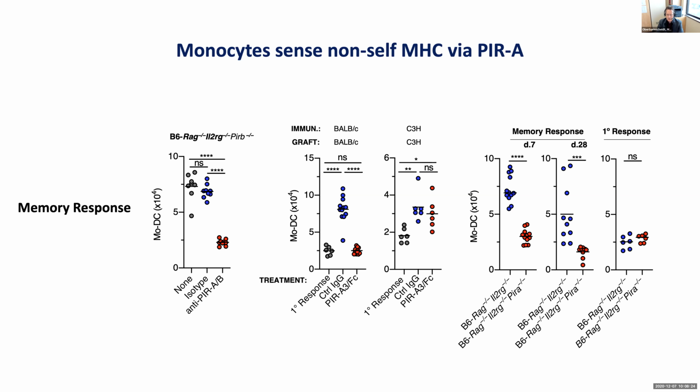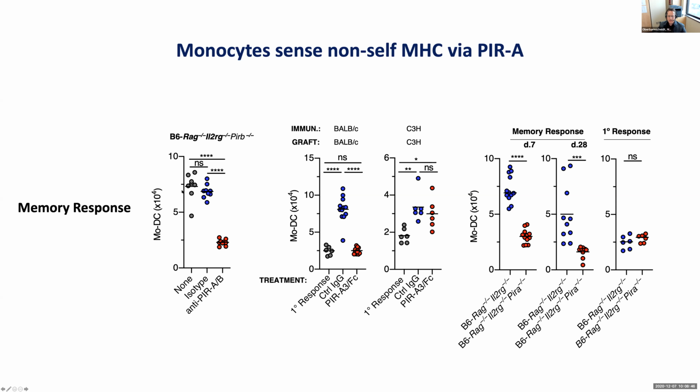And there are no specific PIR-A antibodies that would recognize just subtypes of PIR-A or PIR-A in general. So doing this, we eliminated PIR-B, so that when we would give an anti-PIR-AB antibody, it should block only the PIR-A.